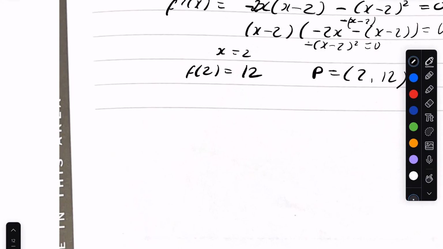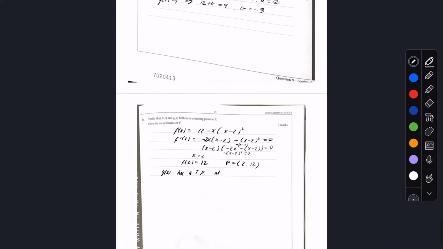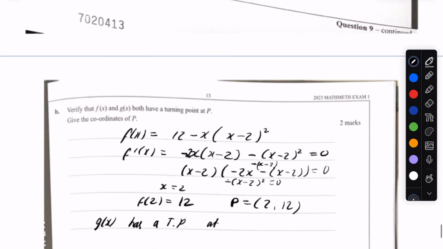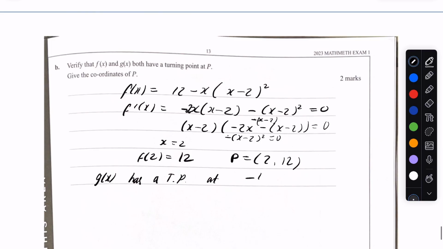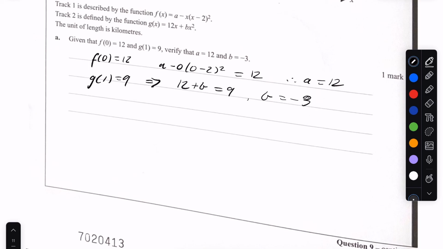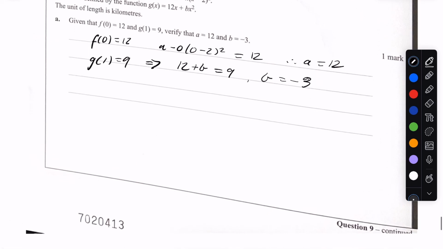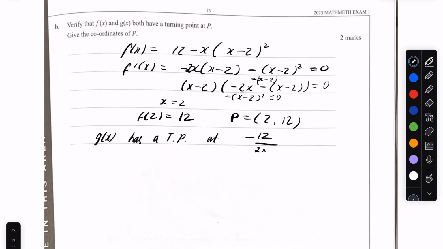So g of x has a turning point at, don't use b because they've already used b, so just say negative 12 over 2 times a, and a in this case is negative 3, which is equal to 2.